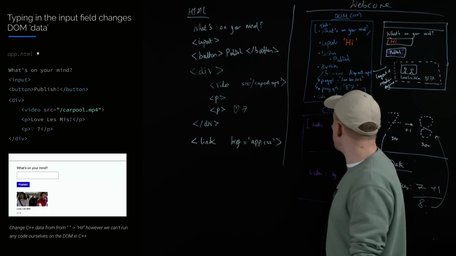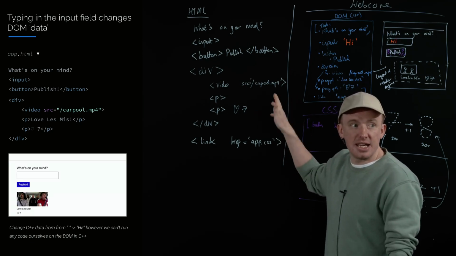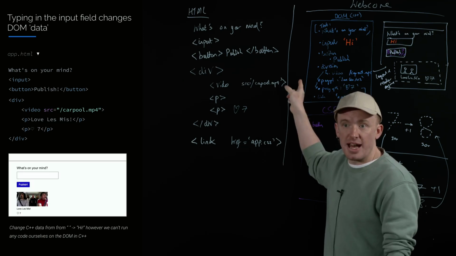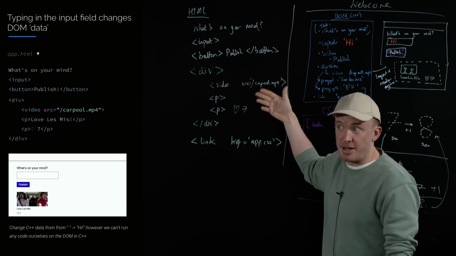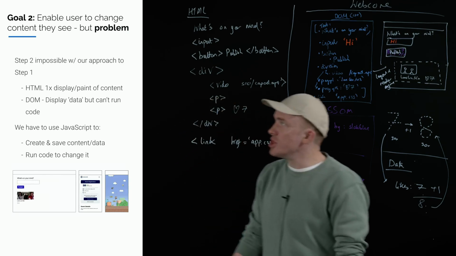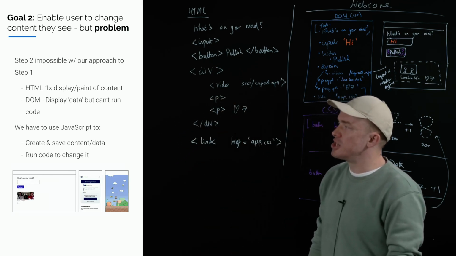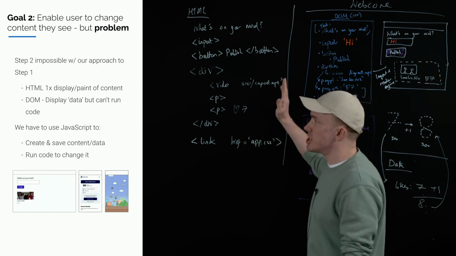If it were a number, I can't change the number 7 to 8. I cannot run or execute any code in C++ on that list of elements that I want to display, and I want to make dynamic. I want to make the content changeable. Can't touch it. So, goal 2, enable users to change the content they see, but problem: step 2 is impossible with our original approach to step 1.